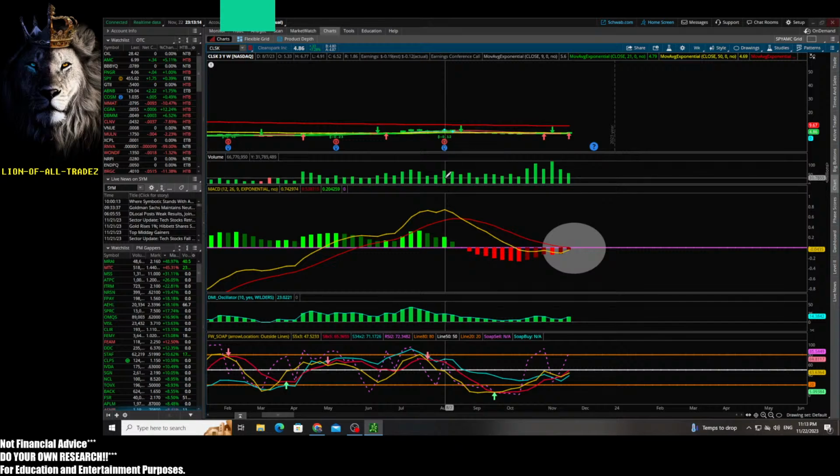If I'm not mistaken, let me look at my Webull. Check this out. Yes, there are options. There is a chain. Only monthly chains, no weeklies. I kind of like that. I actually like that.